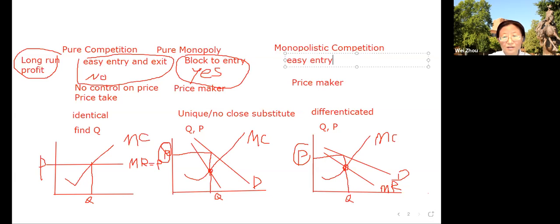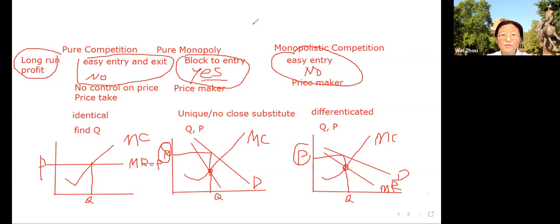Easy entering. As long as others can enter, guess what? The firm will come to get you. So there's no long run profit. So in the long run, either you block the entry and you can get a long run profit, or you don't have long run profit because other firms can come in very easily.